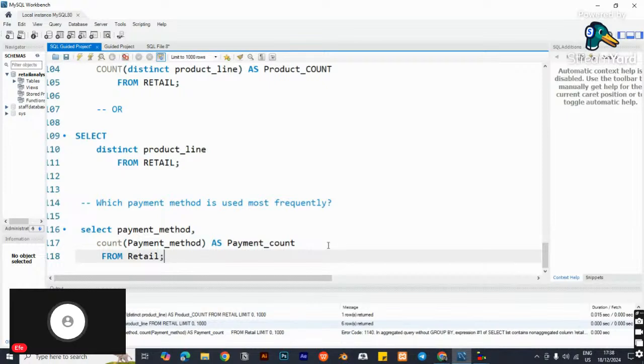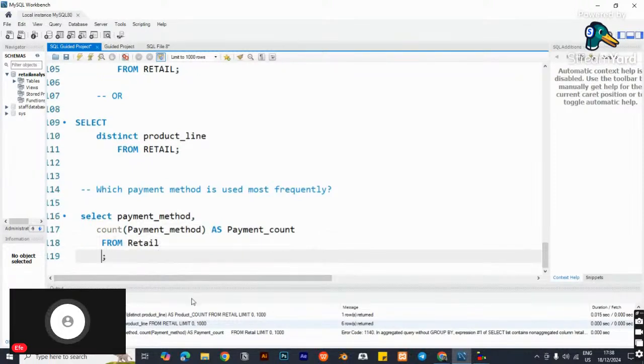I'm trying to see how I could explain this. Okay. So the next keyword we use is the group by keyword. All right. And I'll explain why we're using the group by keyword. From retail.